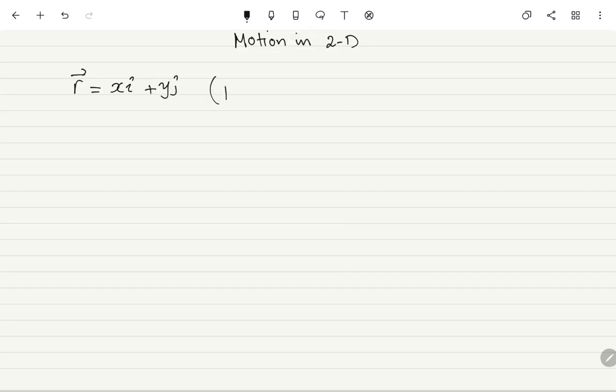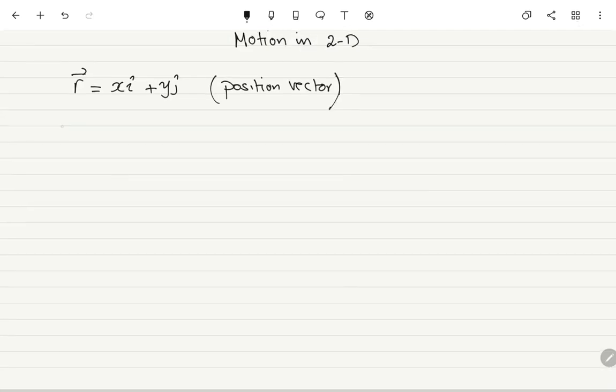Here it's called the position vector. Now when an object is moving between two positions, from r initial to r final, the displacement delta r is equal to r final minus r initial.